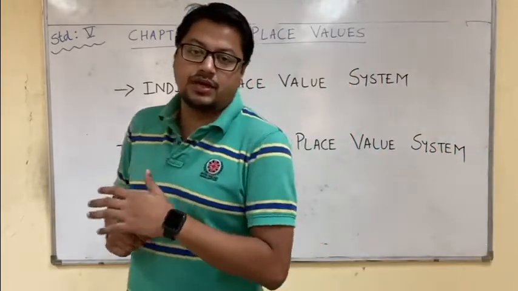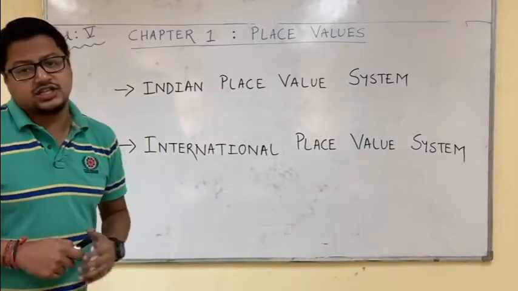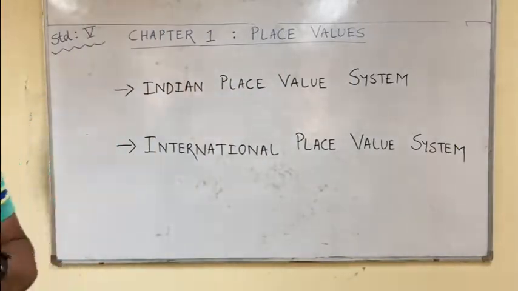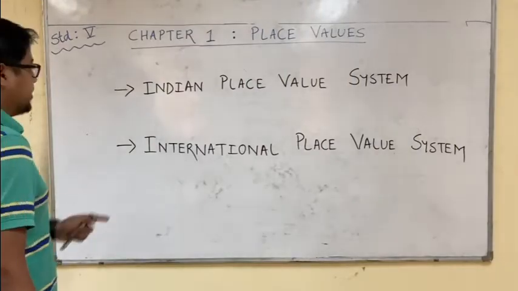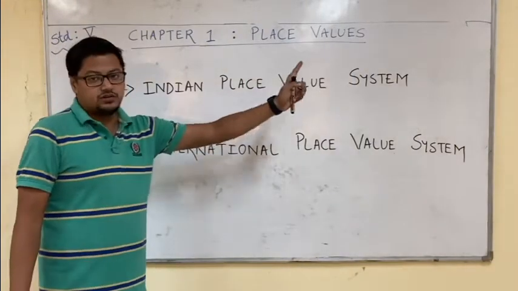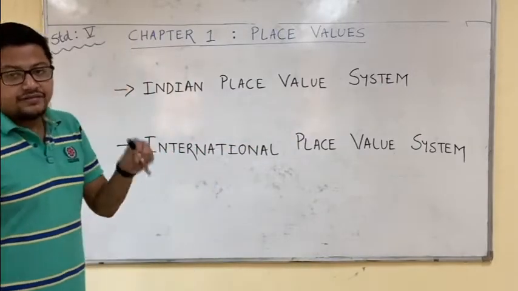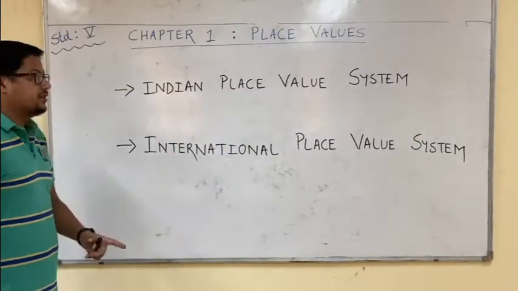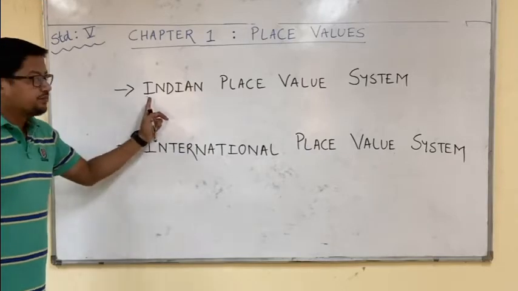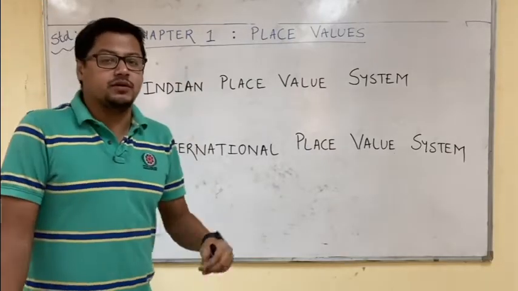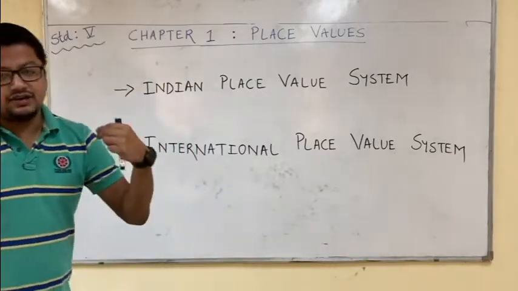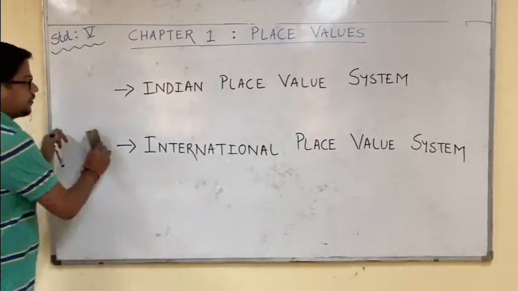Okay, so this will be the summary of this chapter. So two important points about this chapter will be, students, Indian place value system and international place value system. I will concentrate on this video for teaching you Indian place value system with its chart and with some examples. Okay.